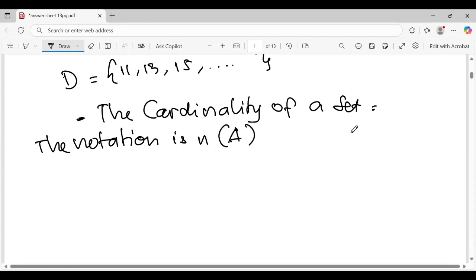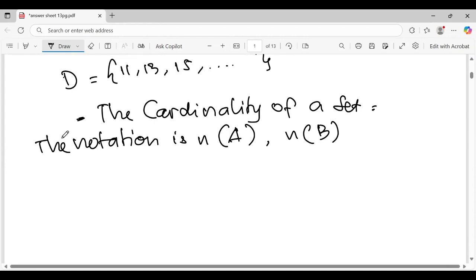What is the meaning? The meaning of n(A) is the number of elements, or members, of set A. So if the set is B, we can write it like this: n(B), meaning the number of elements of set B.